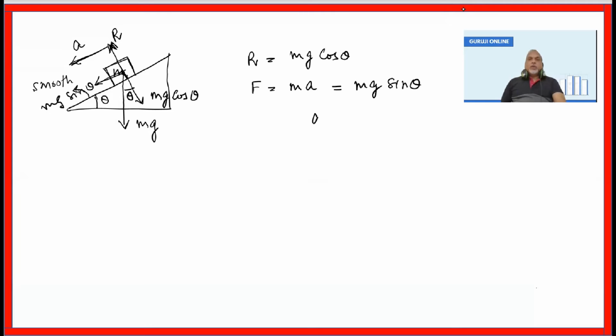Correct. So this way, A you are getting as g sin theta, means this is the effective acceleration which is acting on the block, and due to which it is moving with acceleration A down the slope.